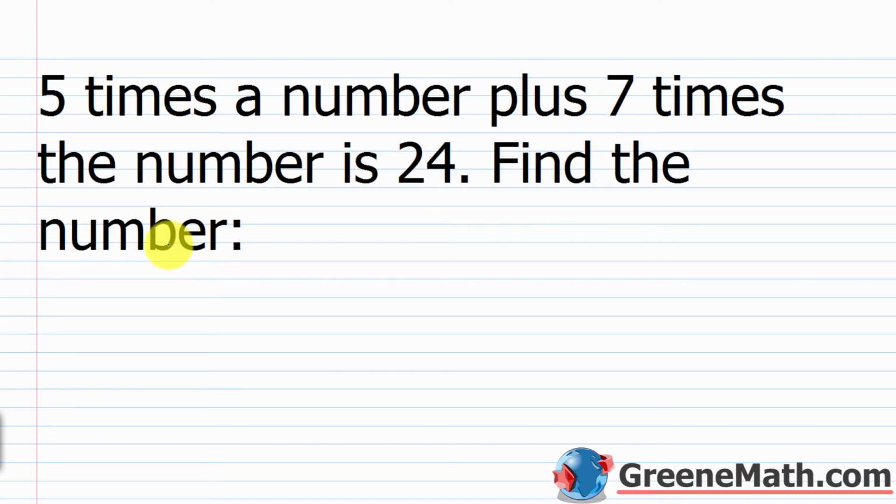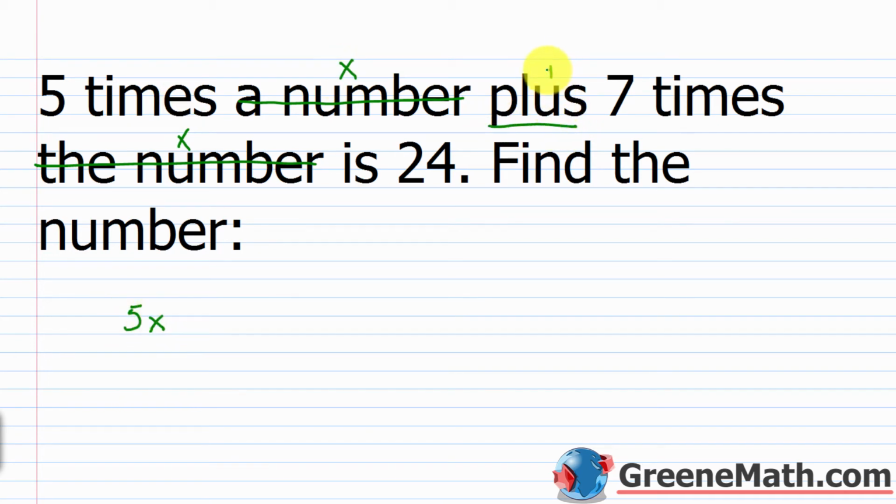Find the number. The first thing I like to do when I encounter these is represent a number, or the number, or whatever it is that's unknown, with a variable. So let's just put x there. 5 times x is 5x.